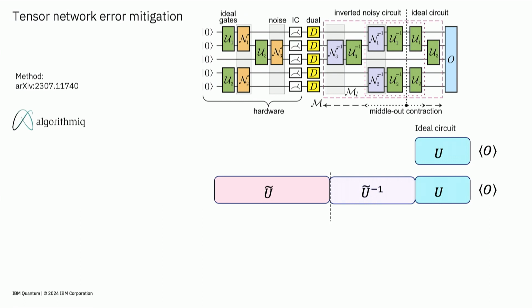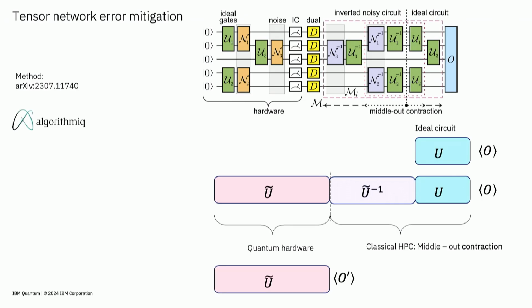Now, if I divide this up, you can basically try and backpropagate the observable O across those latter two blocks, and now ask the question, can I execute a noisy version of the U that I was interested in on the quantum hardware and estimate this backpropagated O prime, okay?